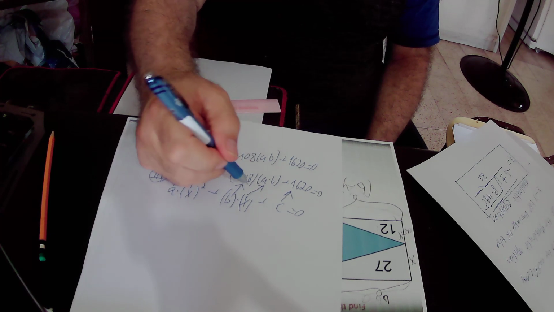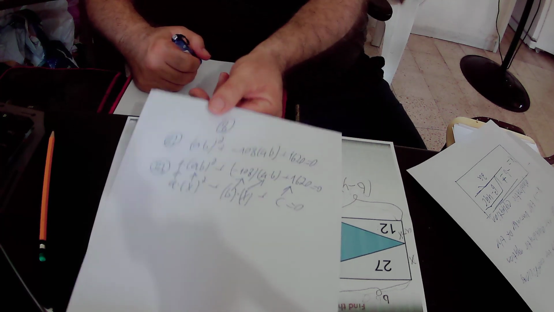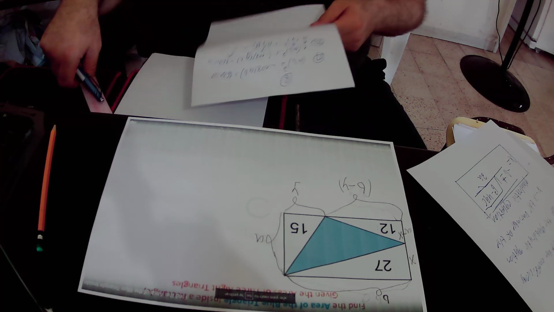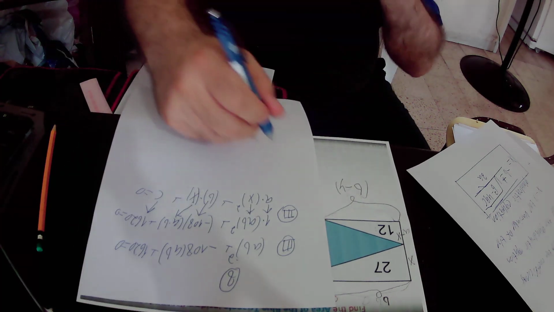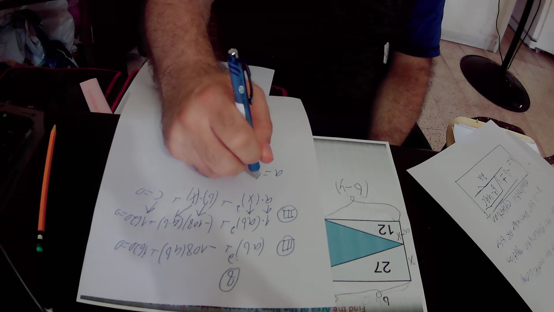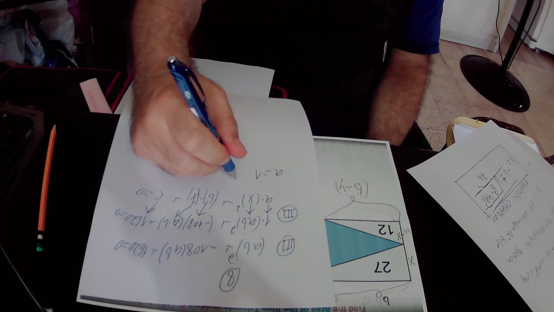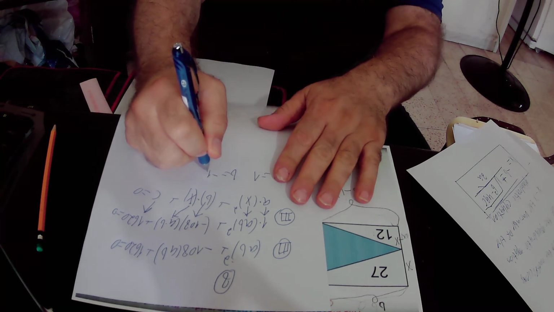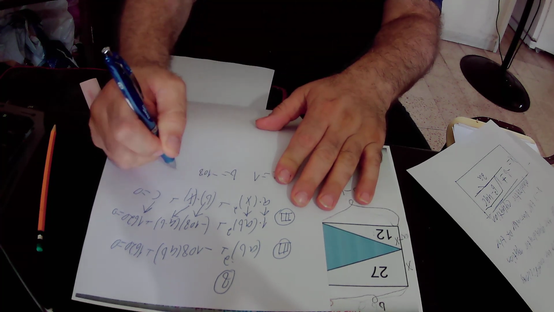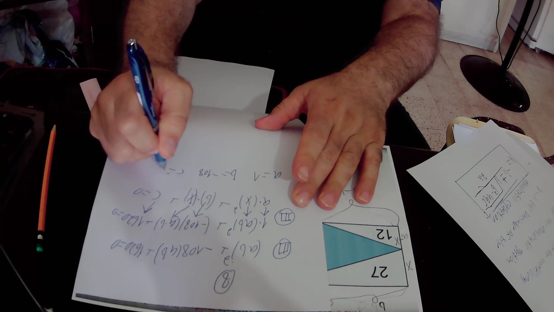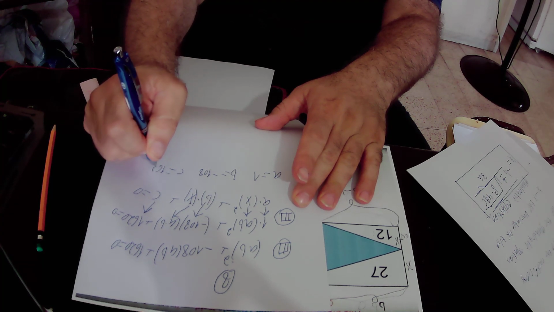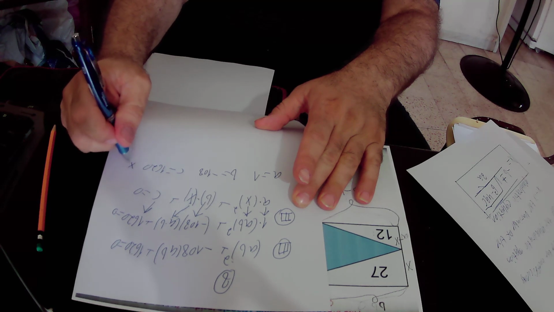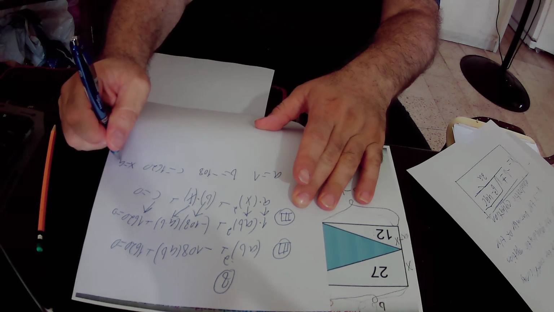So I will write it down: a equals 1, b equals negative 108, c equals 1620, and x equals A times B.